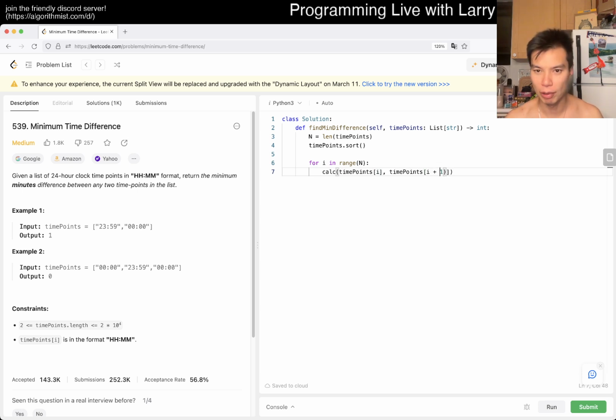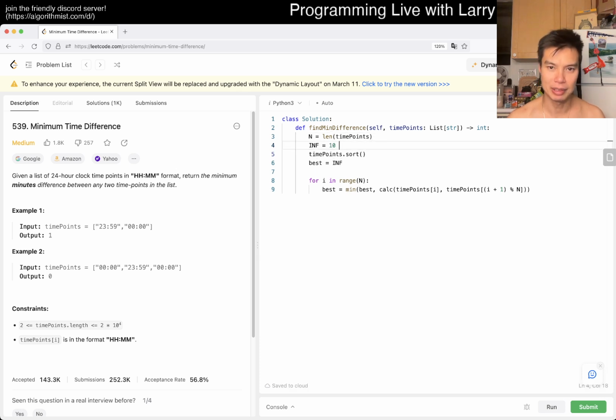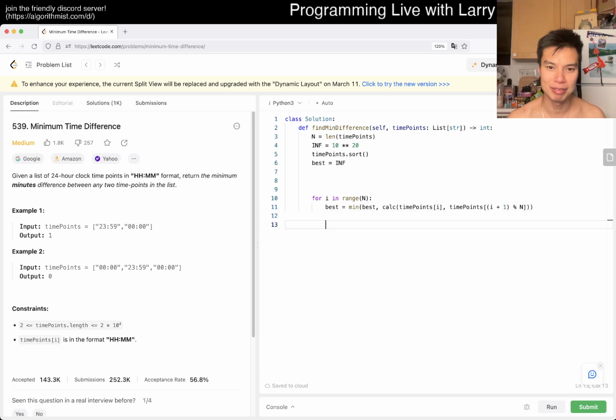Of course, this will overflow, so we'll just do this. Then best is equal to min of best and this. And here we can set best to some infinity value, where I just use a big number for infinity. And that's pretty much it, except we have to write this function. But that's basically the structure.